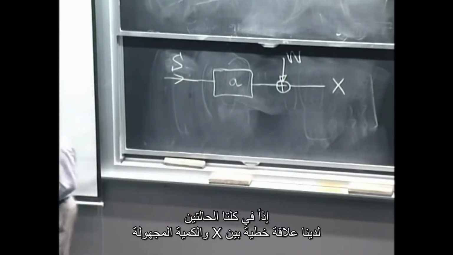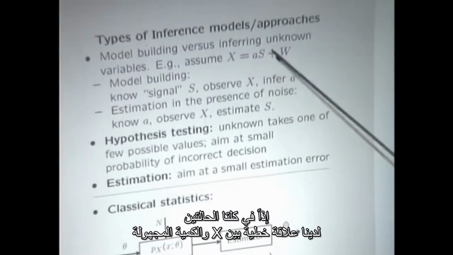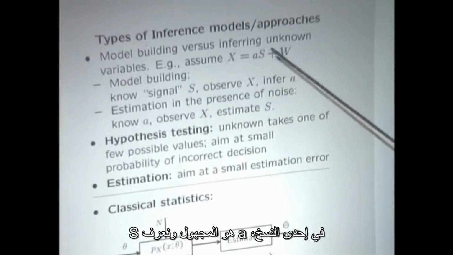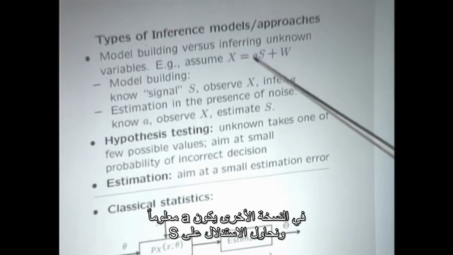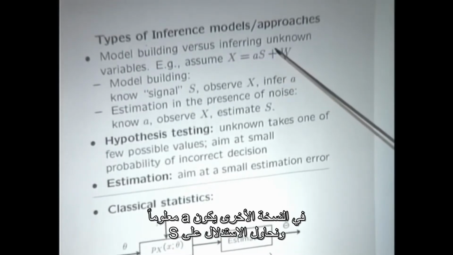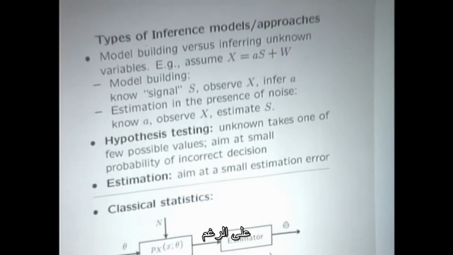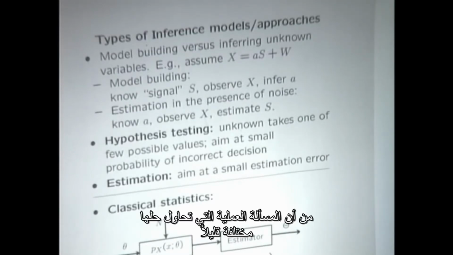So in both cases, we have a linear relation between X and the unknown quantity. In one version, A is the unknown, and we know S. In the other version, A is known, and we try to infer S. Mathematically, you can see that it's essentially the same kind of problem in both cases, although the kind of practical problem that you're trying to solve is a little different.